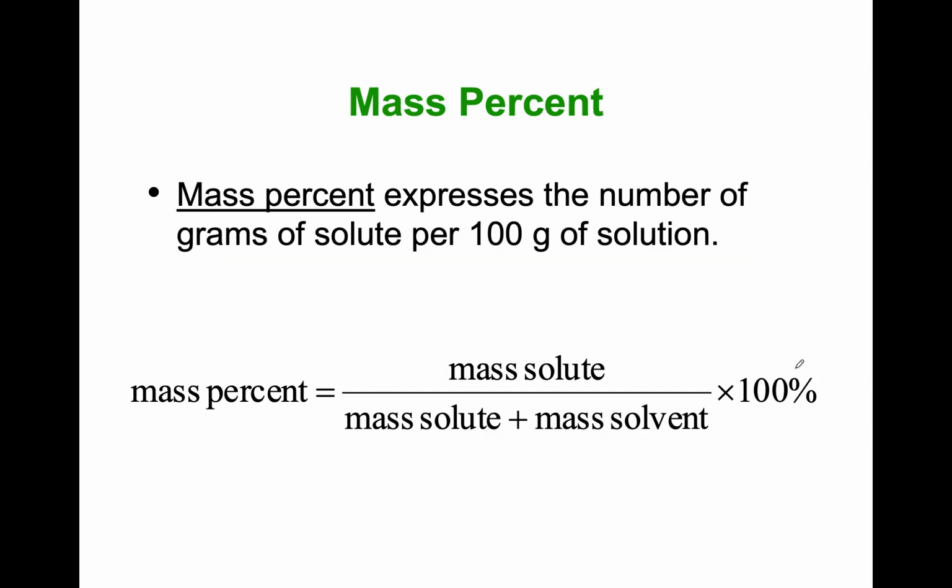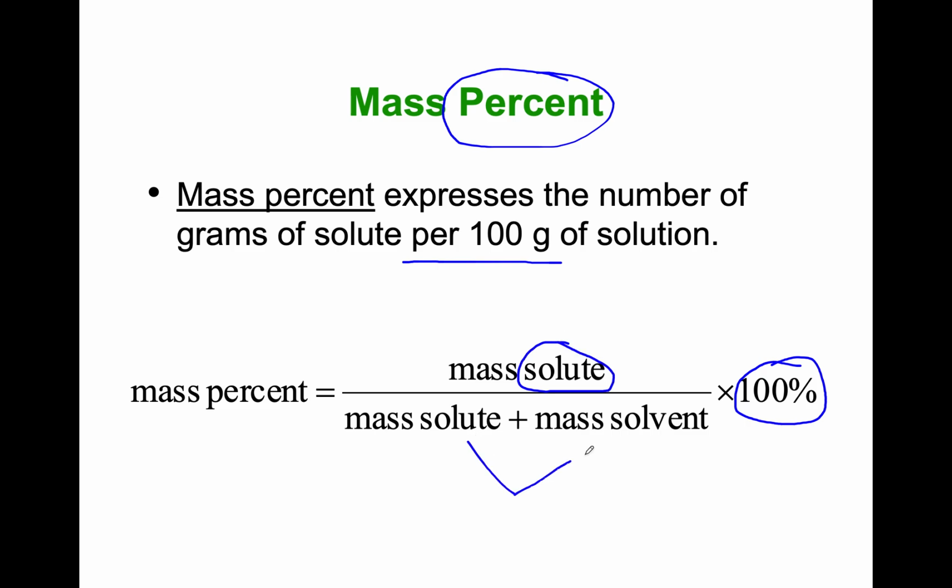So we're going to start with mass percent. Anytime you see percent, right away be thinking that's per 100, so that's times 100. You can see here per 100 grams. So the percent part is that the mass of the solute goes on top, and the solute and solvent go on bottom, and remember, the solute plus the solvent makes up the solution.